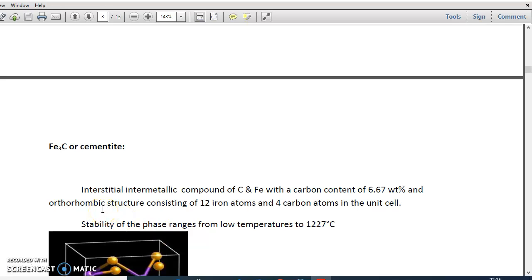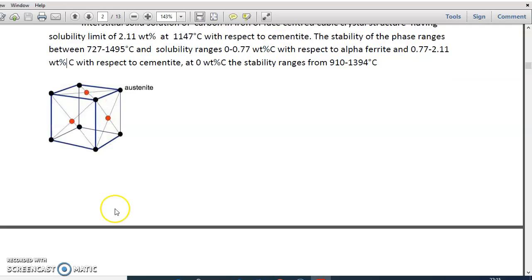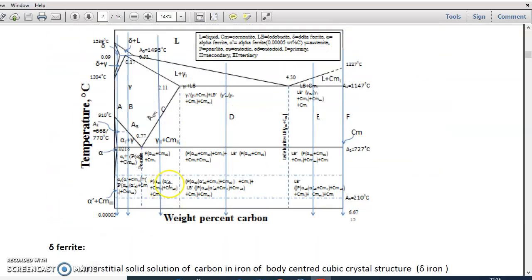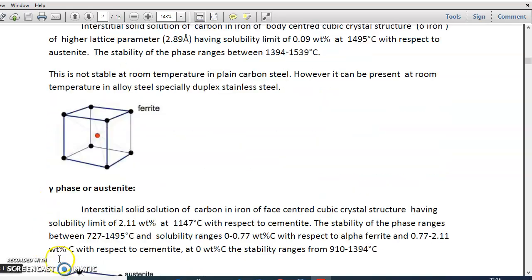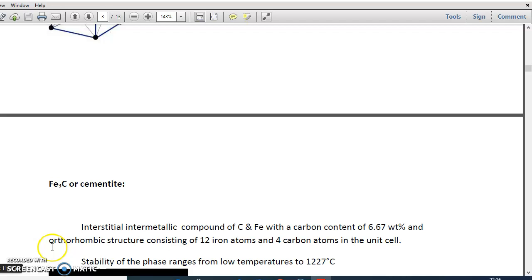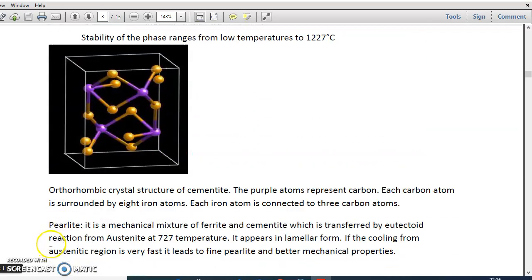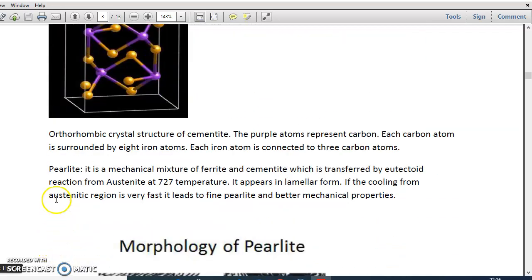Now, is cementite stable or not? Yes, it is stable at room temperature. Austenite decomposes into alpha, that is ferrite, plus Fe3C, that is cementite, at room temperature. So you can see the cementite here. This mechanical mixture at room temperature is known as pearlite.